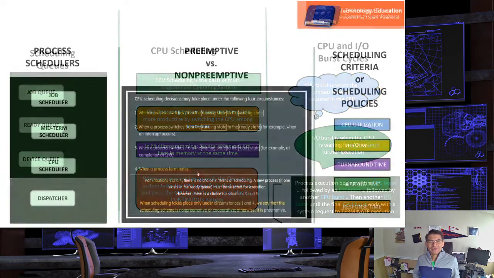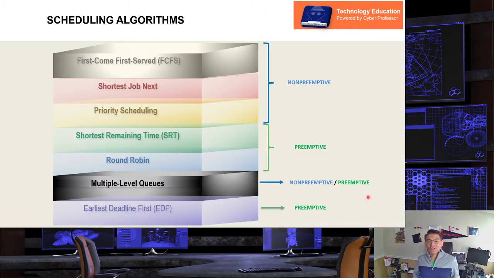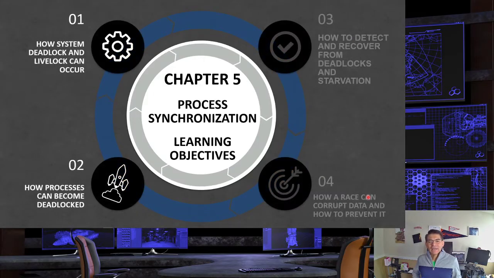So these are the slides that we covered in our previous session. These are the scheduling algorithms that I mentioned, with a clear definition whether or not they are preemptive or non-preemptive. And then we moved to chapter 5, and we said we were going to cover the first two sections of chapter 5, and we talked about system deadlock and livelock and how they can occur.